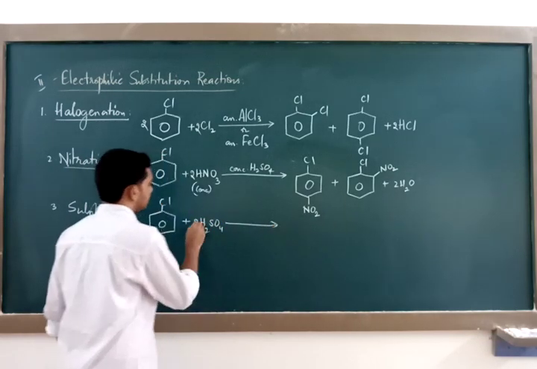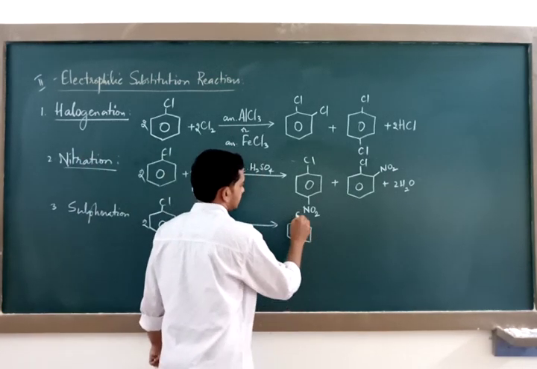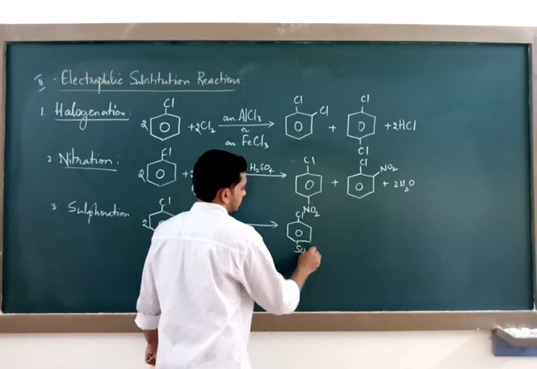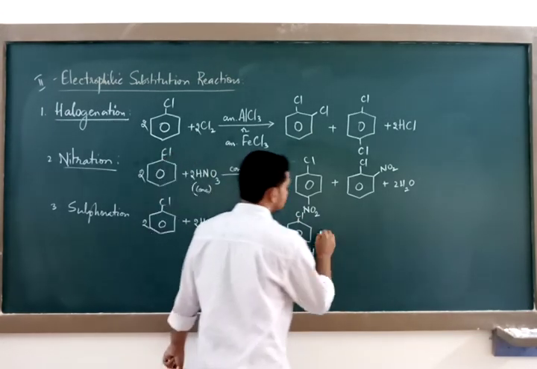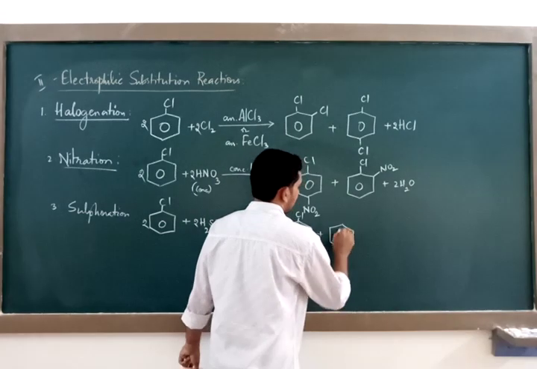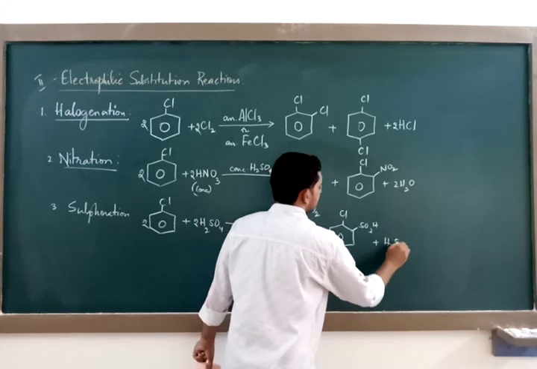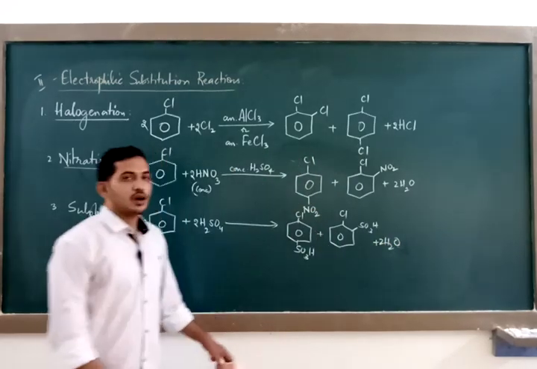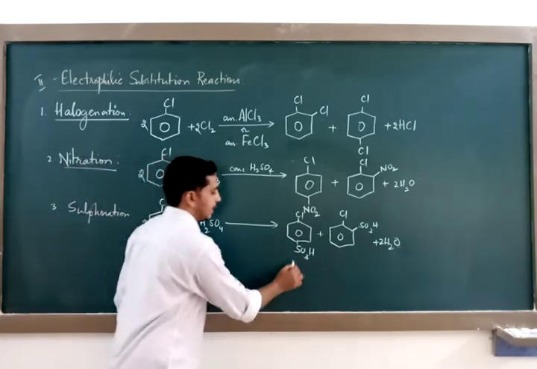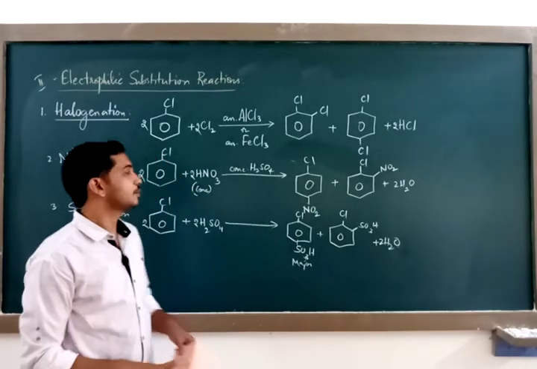In the presence of sulfuric acid, you will get 2 products: para-chlorobenzene sulfonic acid and ortho-chlorobenzene sulfonic acid. Out of these 2, which one is major? Para is always a major one. Here also para product is major product.